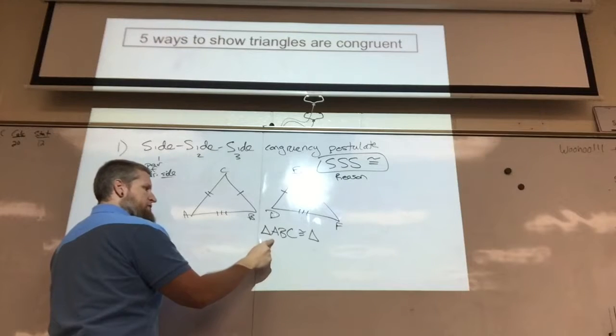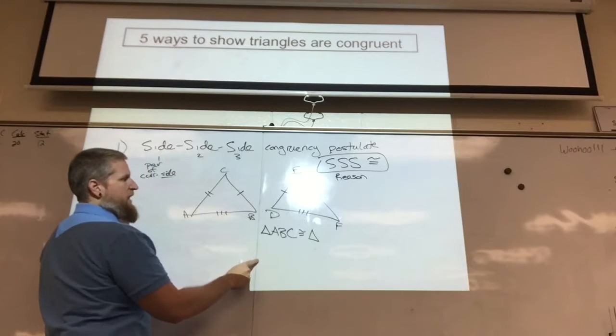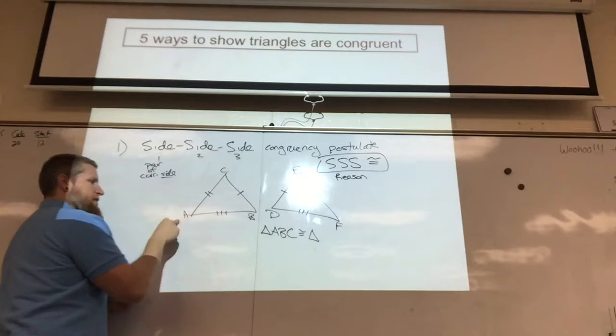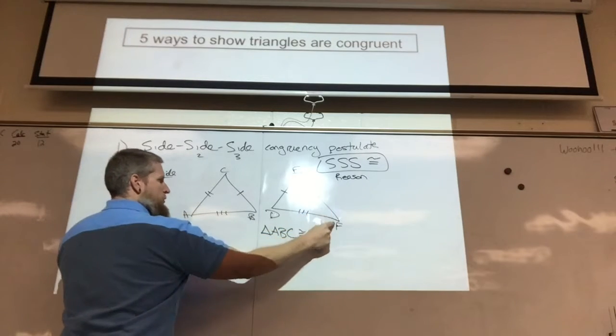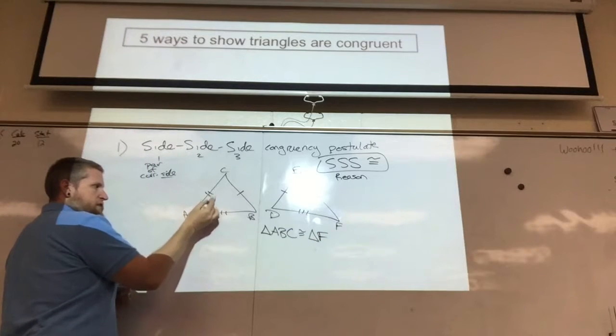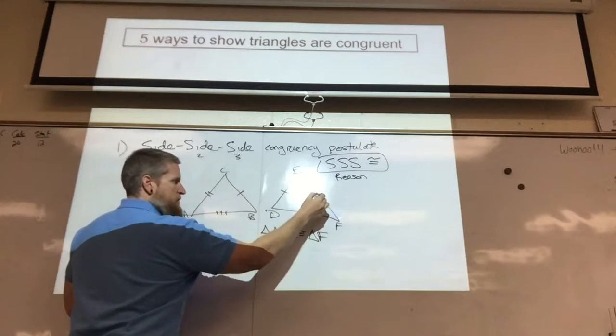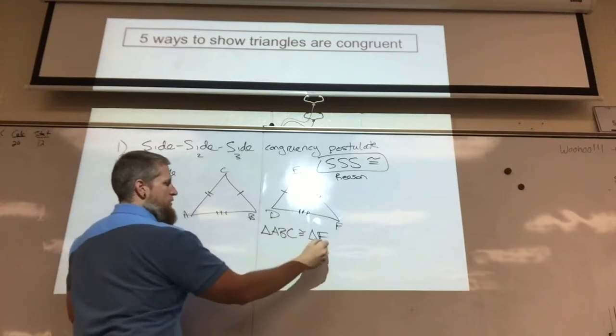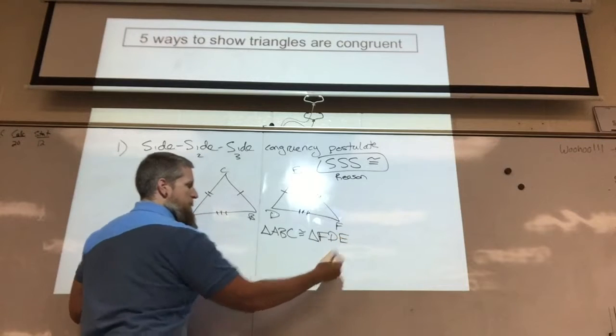So if I write A first, that means I need the letter that corresponds to A to come next. So if A is here, that's going to correspond to F, because A is formed by the side that's got the 2 marks and the 3 marks, so I've got to do the same thing there. B is going to correspond to D, and then E would be.